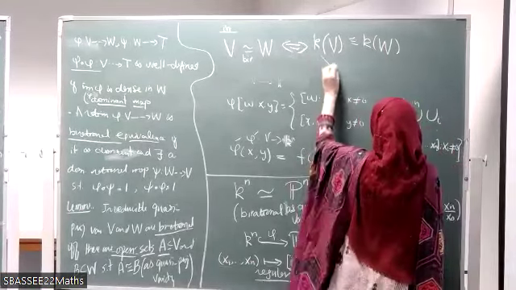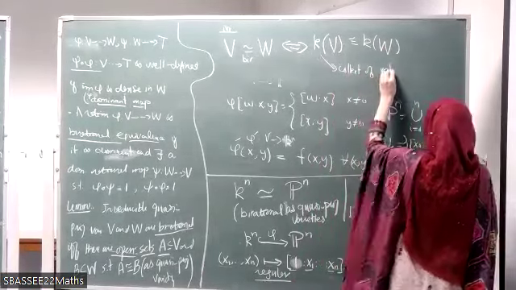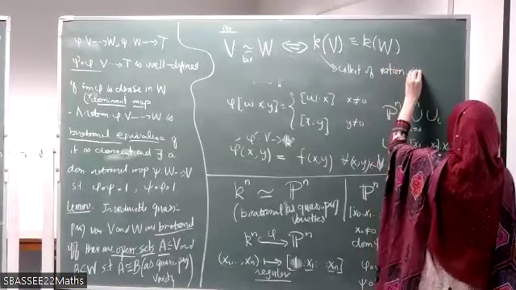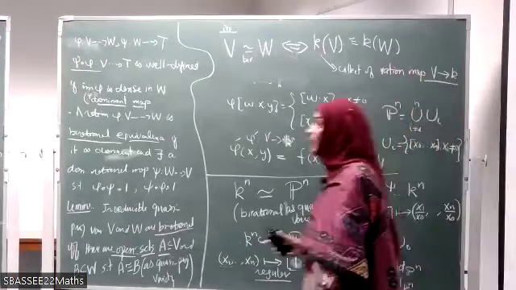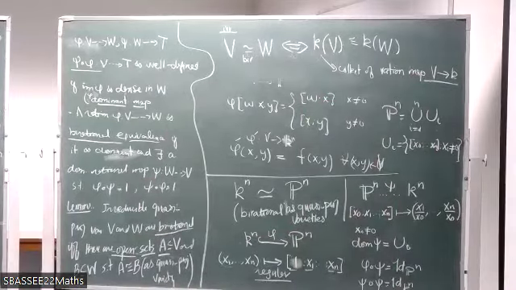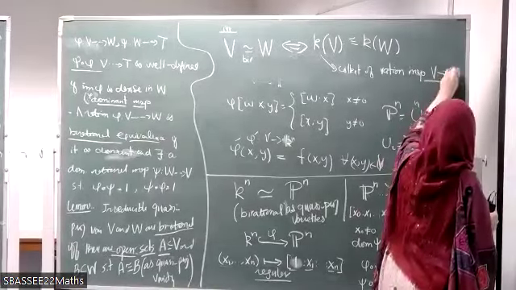And what is this one? This is just the collection of all rational maps from V to K, just a restriction, K instead of projective space.